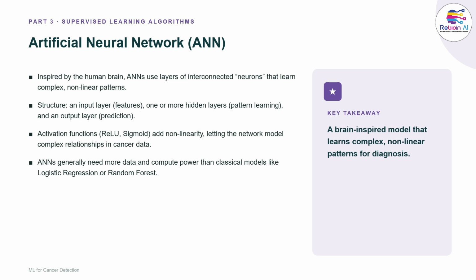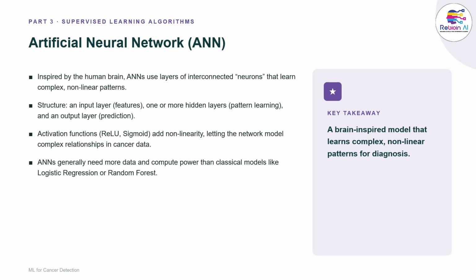Data enters through an input layer where each neuron represents one feature. It passes through one or more hidden layers where the network combines and transforms the data in increasingly complex ways and reaches an output layer, producing the final prediction.